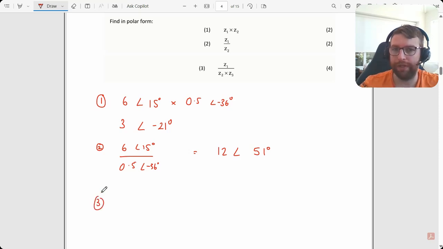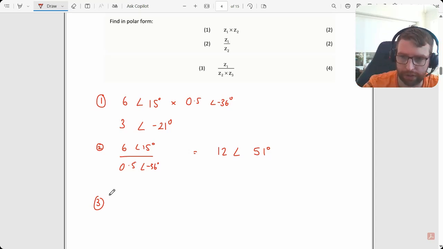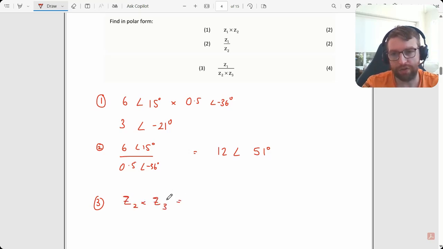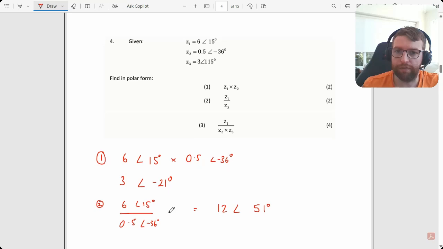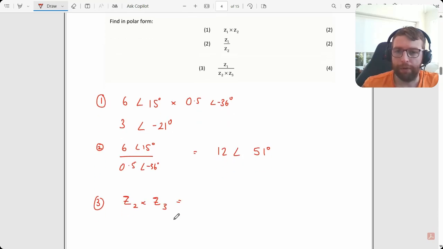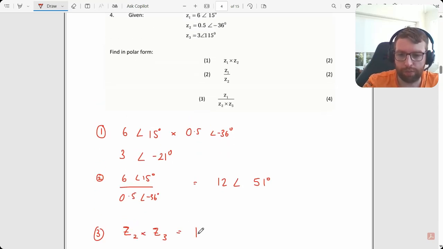Question 3 is just a combination of the two above. So if you can do question 1 and 2, you should be able to do question 3. You just have to do the denominator first before you go into the division. So Z2 times Z3. Okay, so it's the same as question 1, except obviously the numbers are different. So we've got 0.5 times 3, so that's 1.5.